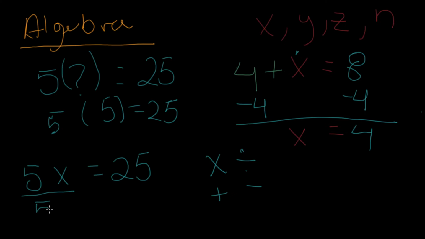If we divide by 5, we get x by itself, and whatever we do to one side, we definitely do to the other side. So 5 divided by 5, and our final result is x is equal to 5.